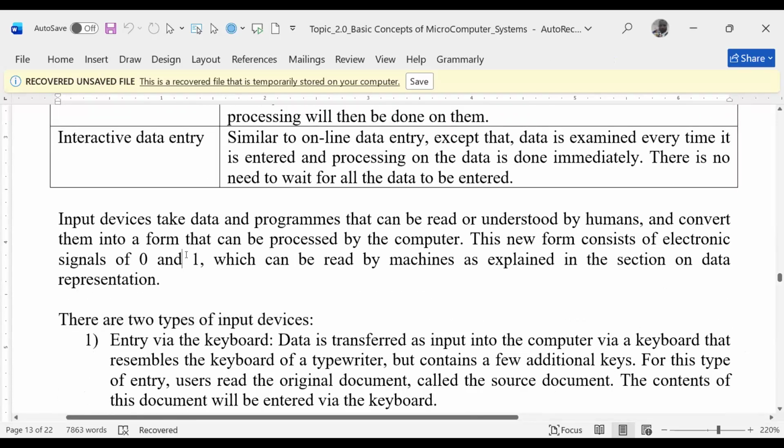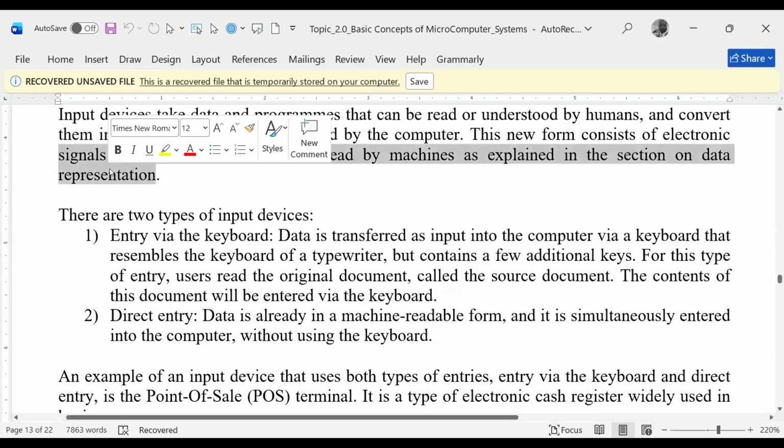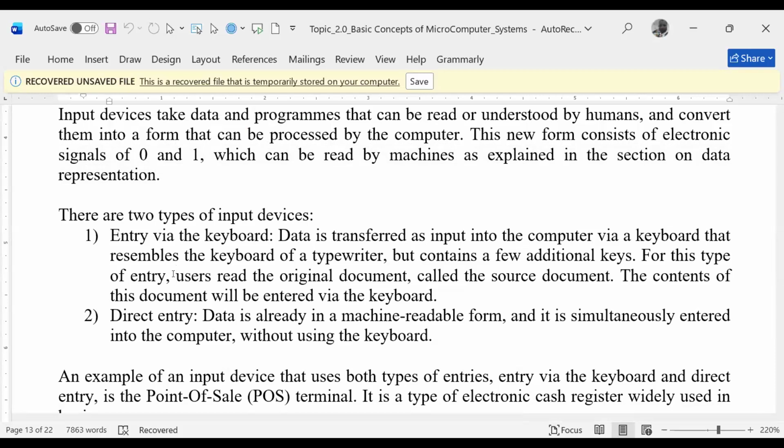When you enter something from the keyboard, it appears in the form of a signal, goes into the computer system, then is converted into a readable form before the system can understand it. So when we enter something from the keyboard, we call it indirect.